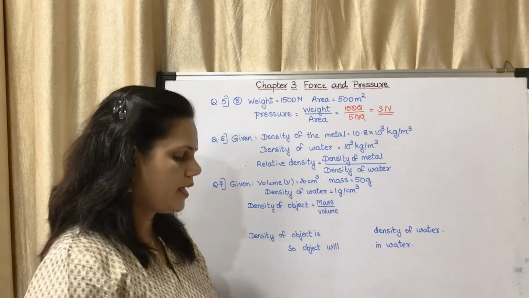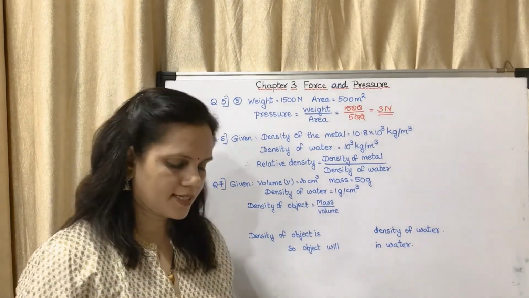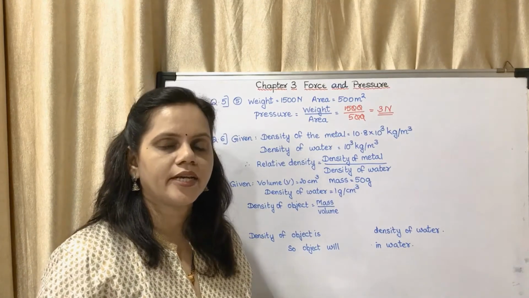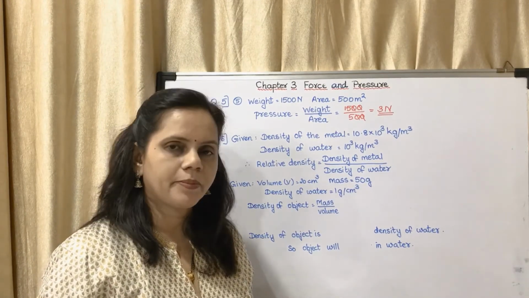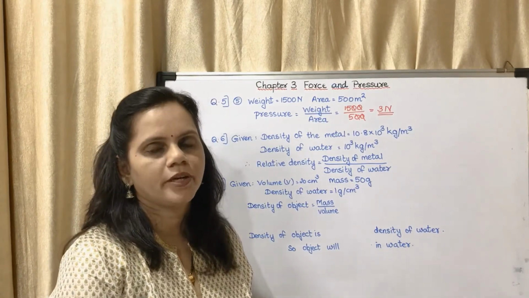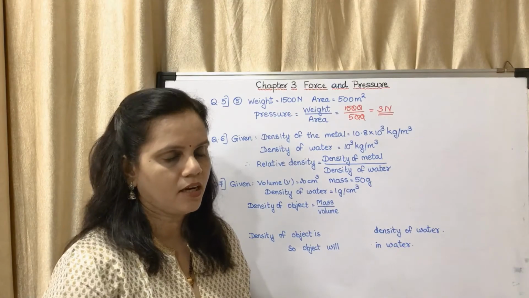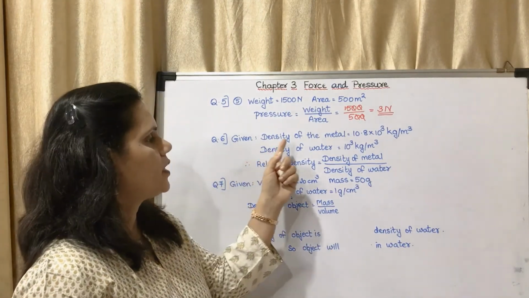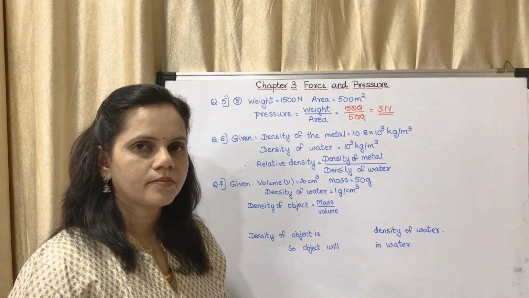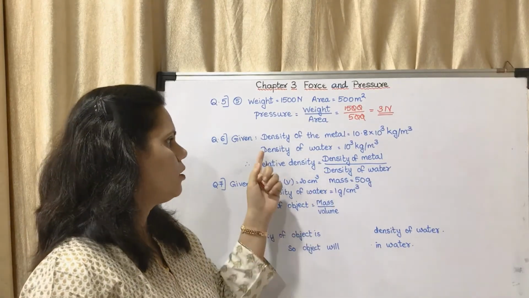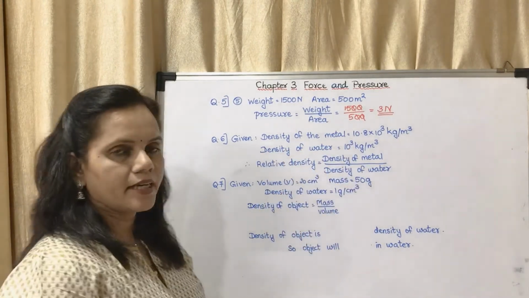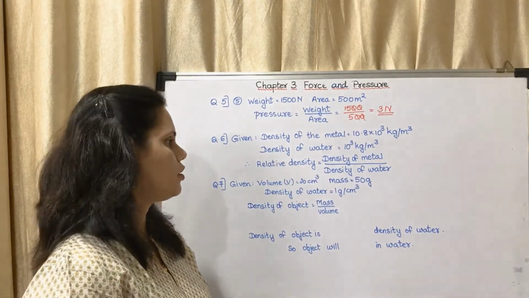Okay. Now the next question, question number 6. The density of a metal is 10.8 into 10 raised to 3 kg per meter cube. Find the relative density of the metal. Given density of metal is 10.8 into 10 raised to 3 kg per meter cube. Density of water is 10 raised to 3 kg per meter cube.